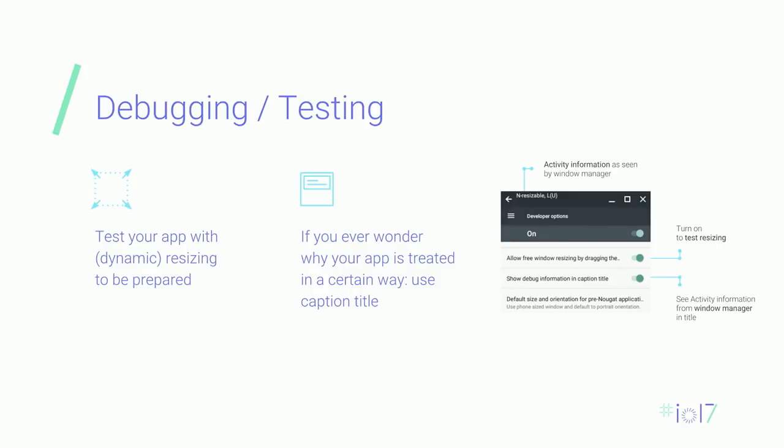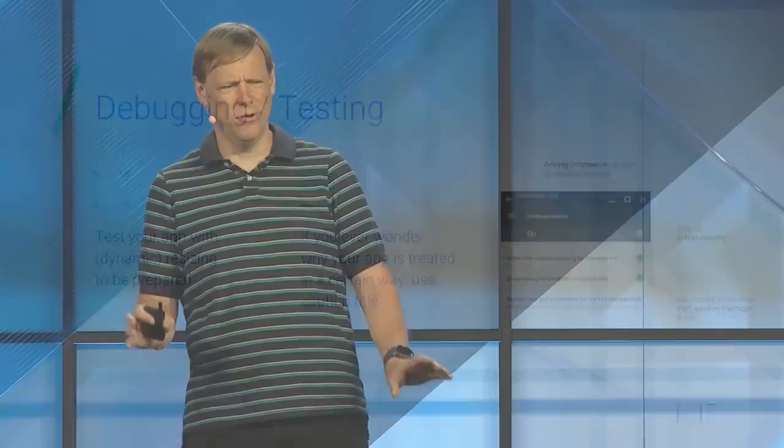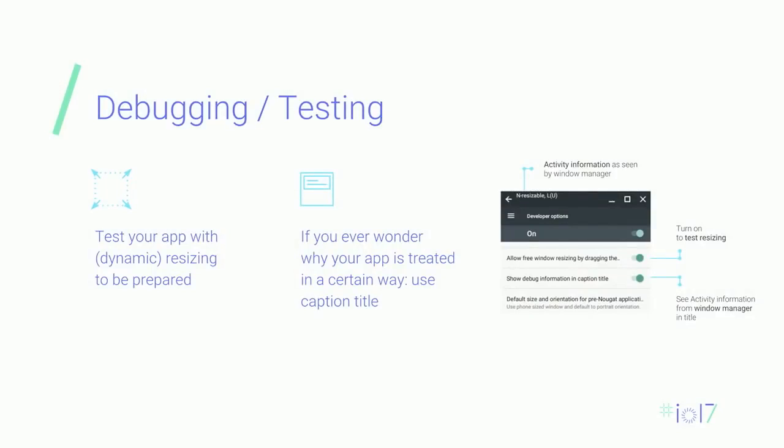And as you have seen in our demonstration, it can be really, really smooth. So the smoother, the nicer it is. And then the next thing is, as I said earlier, we have this kind of root rule, and you don't really know exactly what your window is doing. If you ever come to the point where you are not really sure what you see, you can always turn on the second option, which is to show the state of the window manager, which is then presented in the window title bar.